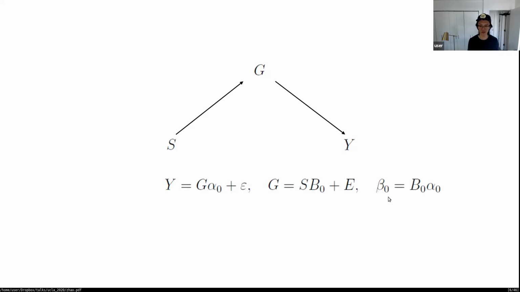So the goal is to do inference on beta 0. And the question is, if I write down this model, can I do better than if I just regress Y on S, which should just give me beta 0? That's standard regression, usually what people would do in a genome-wide association study.